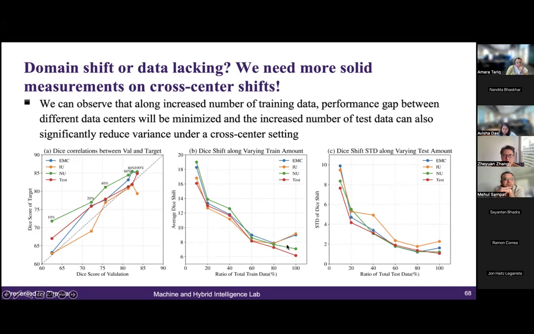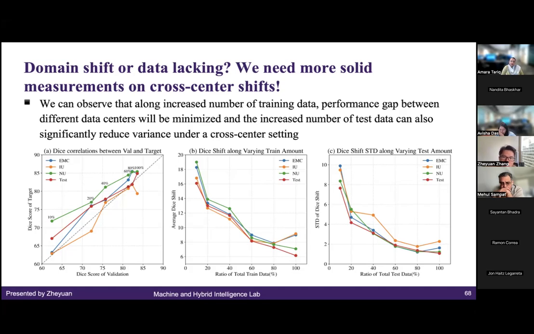And also, if your test set is relatively limited, then you might have an even higher testing variance. This indicates that a lot of the variance from the measurement might come from case-level variance rather than the domain shift between different centers.